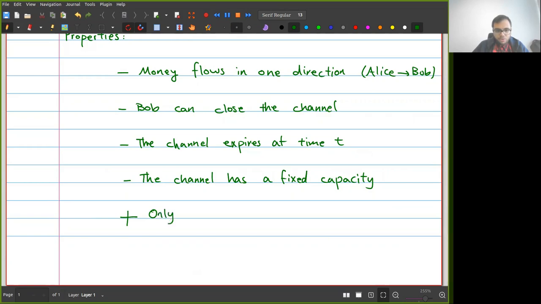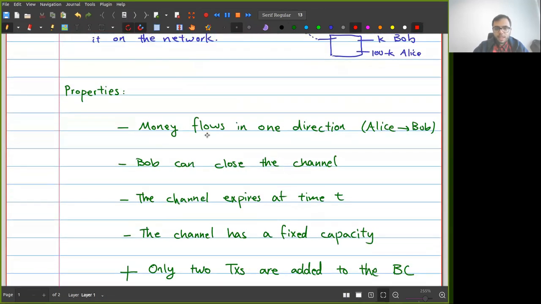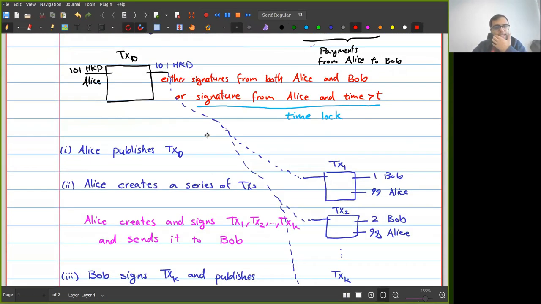It's that only two transactions are added to the blockchain. And what this effectively means is that we only pay transaction fees twice. And that's, of course, amazing because we can make as many transactions in a sense as we like.